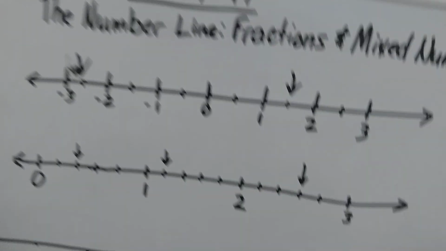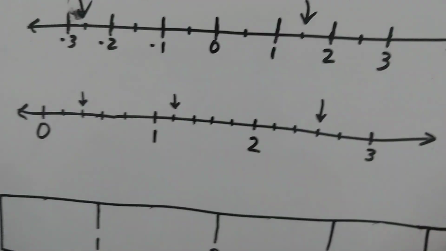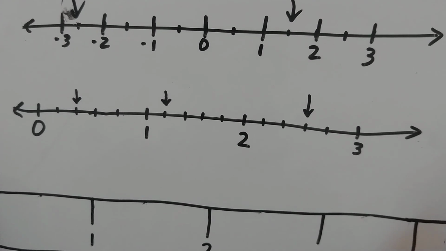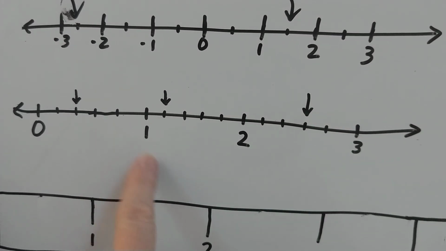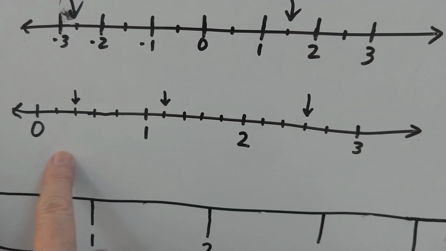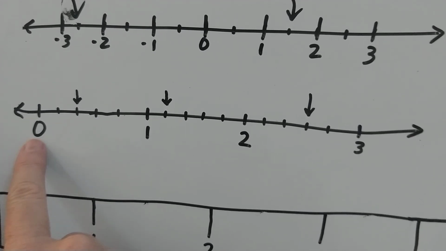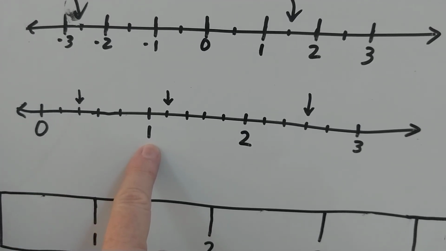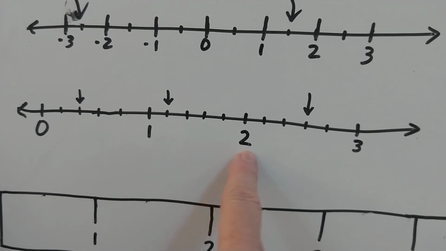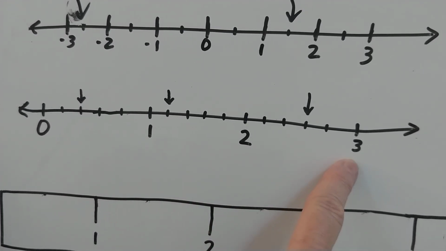Okay, so with that in mind, let's look at this number line right here and see what mixed numbers these arrows represent. We have from 0 to 1, that's one whole number. And from 1 to 2 is a whole number. 2 to 3 is a whole number.